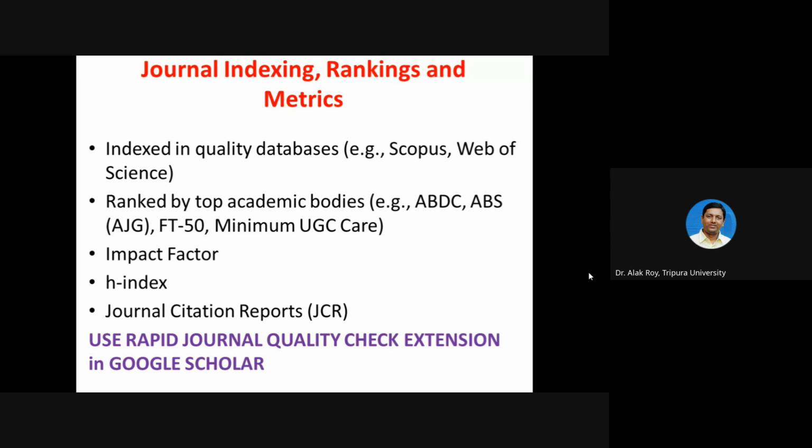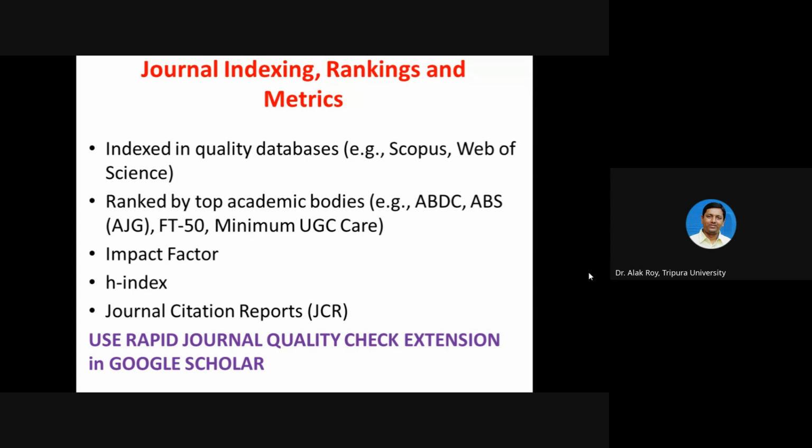Then your ABS. ABS is actually AJG. It's given by CABS, the Chartered Association of Business Schools, and that gives the Academic Journal Guide, or AJG. Now, ABS or AJG is mostly accepted in the UK system.